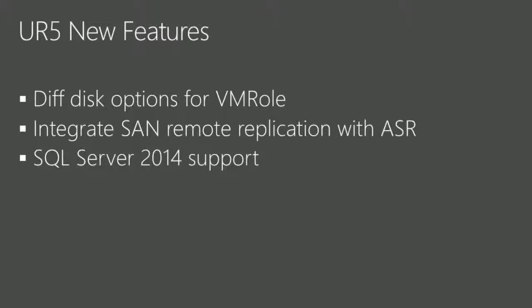Integrate SAN remote replication with ASR. This was a huge feature. Our dev manager actually joked as part of UR5 that he felt like we reshipped the entire product. And then we started our SQL Server 2014 support. So in UR5, you can use SQL 2014 as a database, and in UR6, you can actually deploy using the service templates for SQL Server 2014.